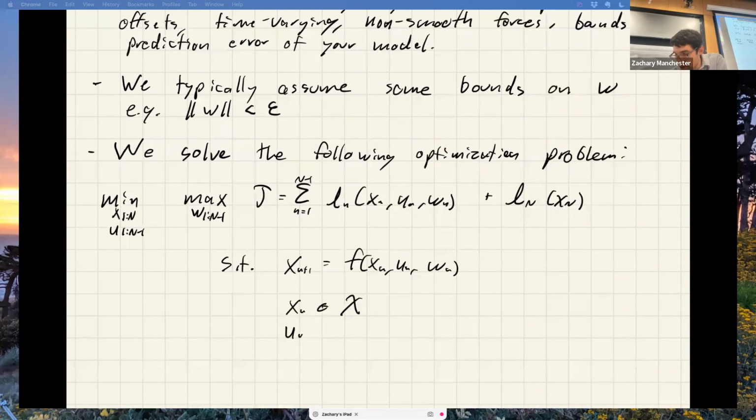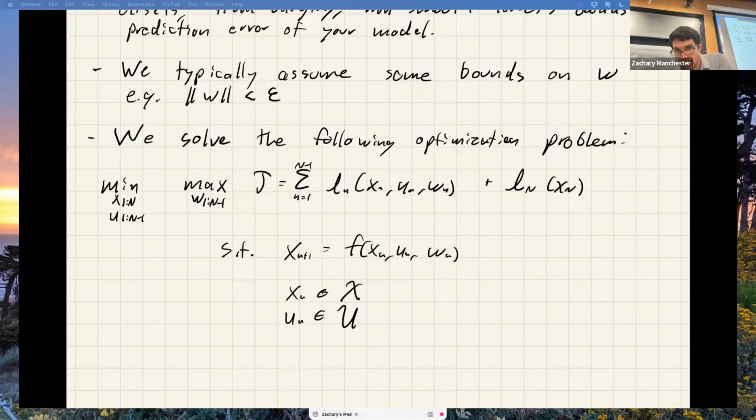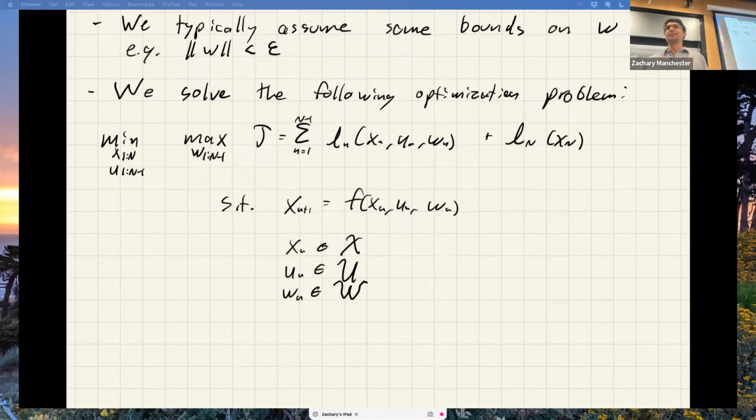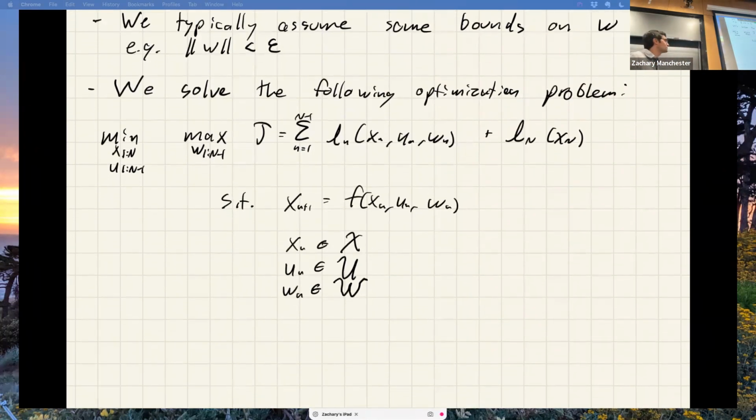We have control limits, so written abstractly, U is drawn from some set. And then, like we said, to make progress on this and make it make sense, we're going to end up trying to put constraints on W as well, i.e. assume W is drawn from some set, right? So it could be, again, a norm bound or whatever you want, although there are options that are easy mathematically and options that are intractable and hard mathematically. So that's the general idea.